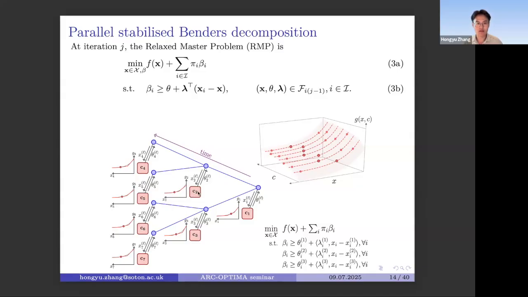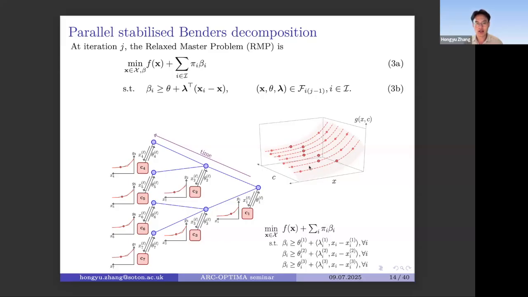Okay. And then as you can see, we use dashed lines to represent the fact that we don't know g of x, c in this case. Instead, we build cutting planes to approximate these dashed lines. And the red dots are the points where we evaluate our subproblems.